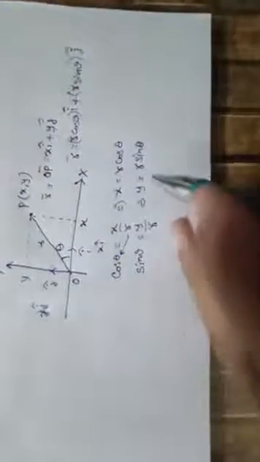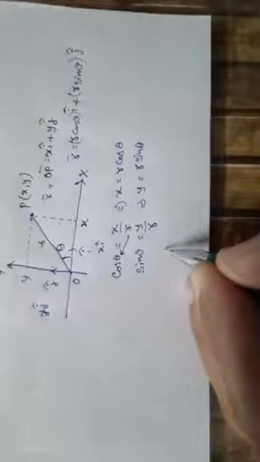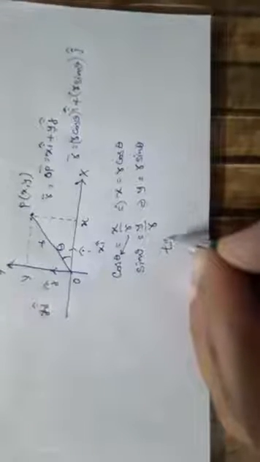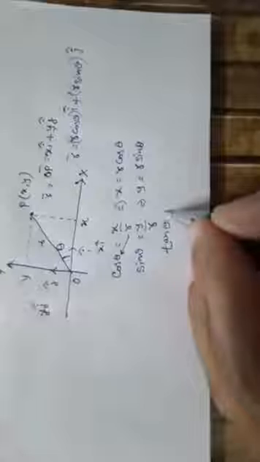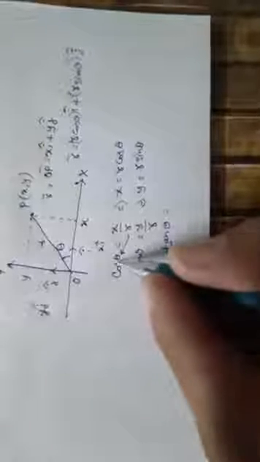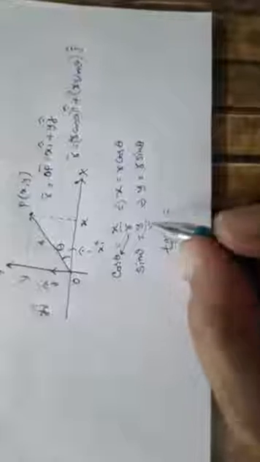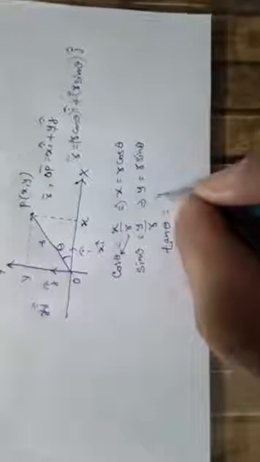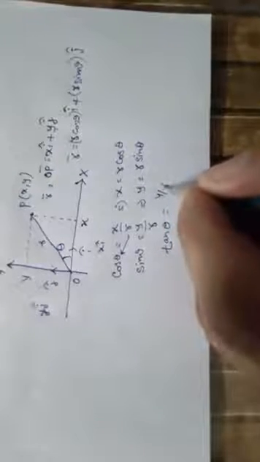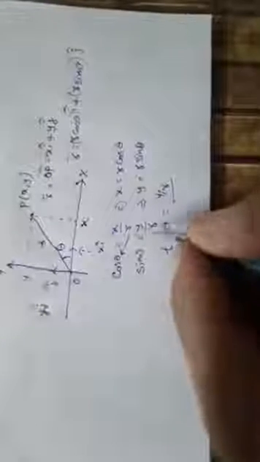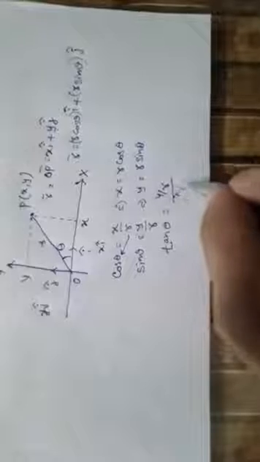Now, in the same way, I want to find out the tan theta value. How can I find out the tan theta value? Tan theta is nothing but sin theta by cos theta. The sin theta value we know already, that is y upon r, divided by the cos theta value, which we know is x upon r.